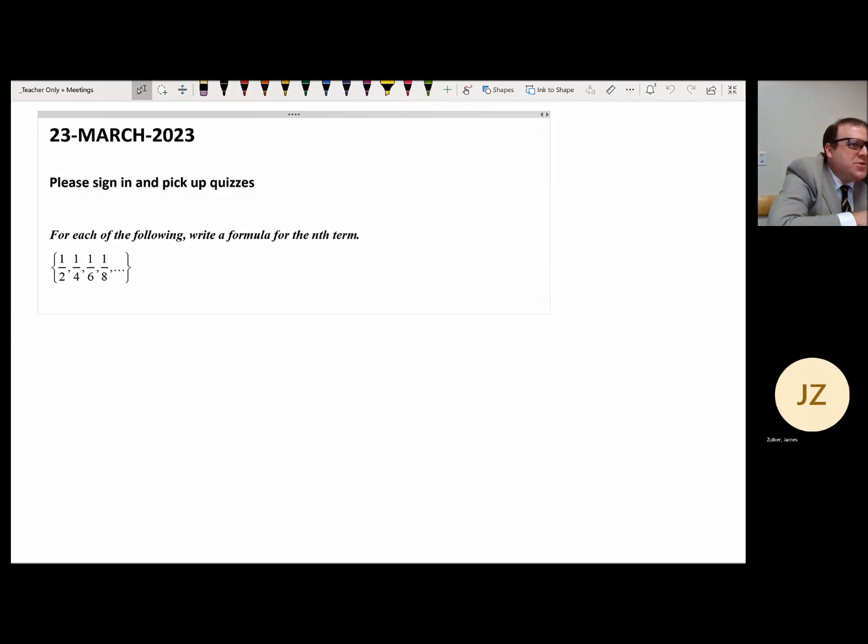General convention is we start with n equals 1. But that doesn't mean you have to. I'm going to say the first term is the n equals 1 term, second is n equals 2, third is n equals 3, so on and so forth. Once you have your starting point, now we can try and derive a formula.